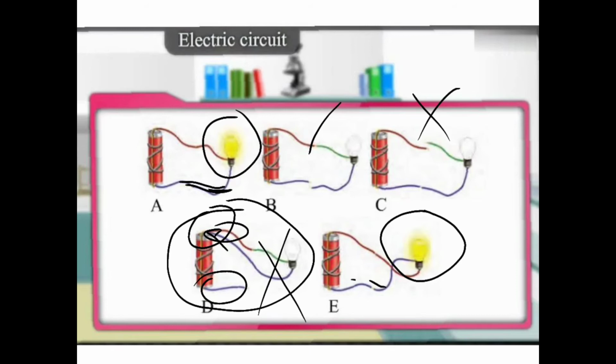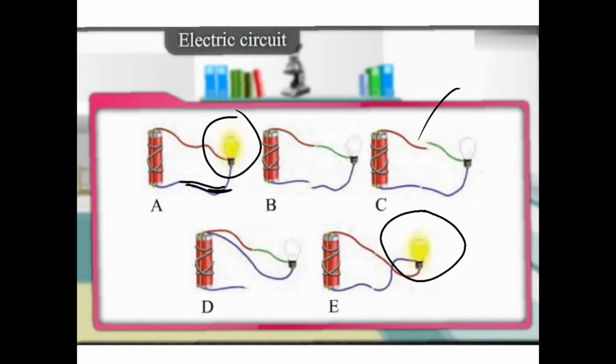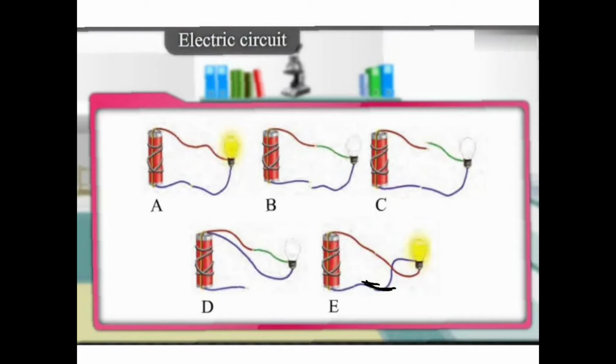Now here both the wires are properly connected with both the terminals. Though it is crossed, from here to here it is crossed. If you observe, it is complete.